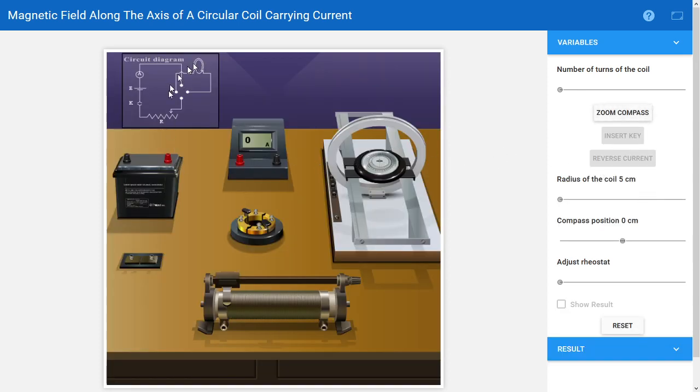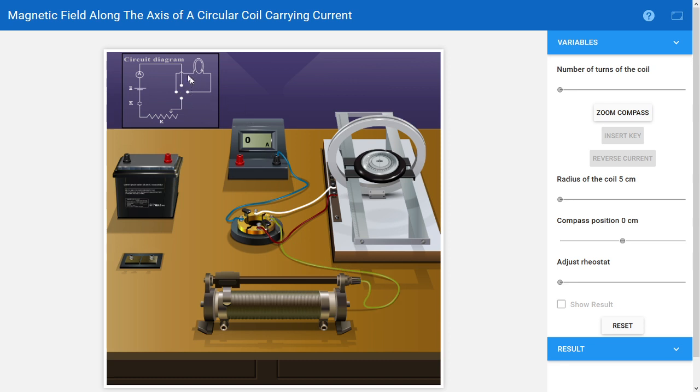Now we will follow this connection. This is the coil. First of all, we will connect these two, 1 and 2. We have this one connected with this and this one. Now I will connect these two, the negative end of the ammeter and the rheostat end.